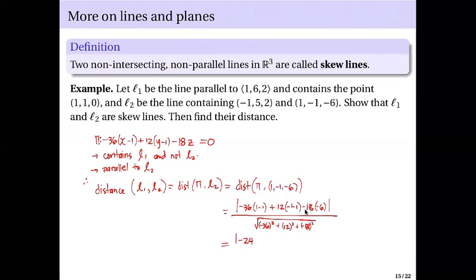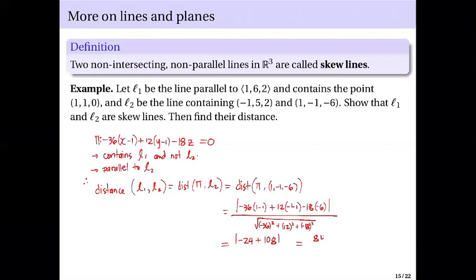Then here, minus, but there's a negative here, so you just do the addition. So 18 times 6, that's 108. So for the numerator, we'll get 84 there.